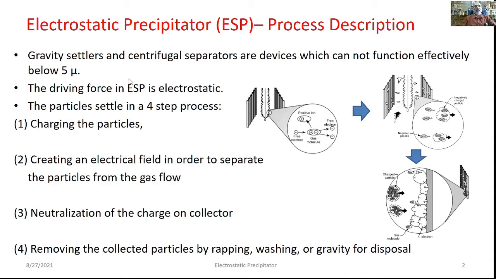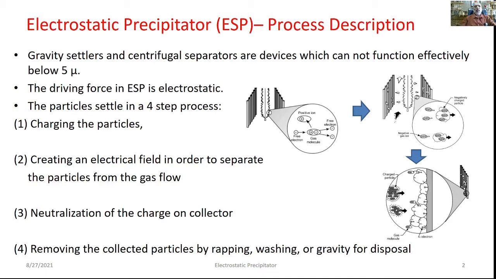Already you have got acquainted with the gravity settlers as well as cyclone, that is centrifugal separator. These particular devices have a certain limitation: they are unable to catch the particles which are less than 5 micron.